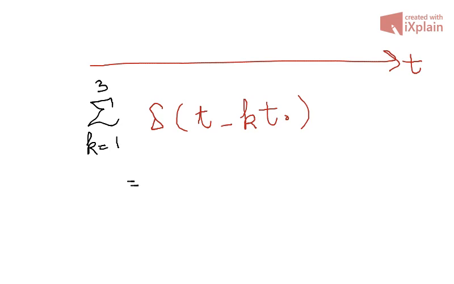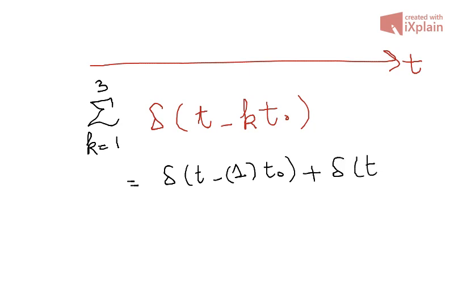So basically this is delta of t minus t naught for k equal to 1, plus summation, right? So let me open this summation: delta of t minus 2 t naught, and plus delta of t minus 3 t naught.